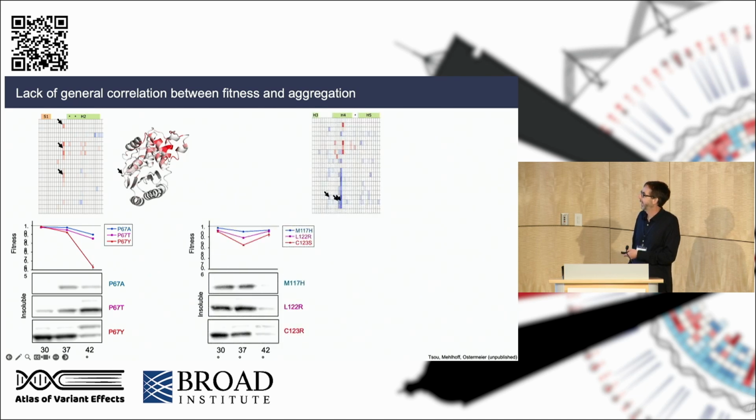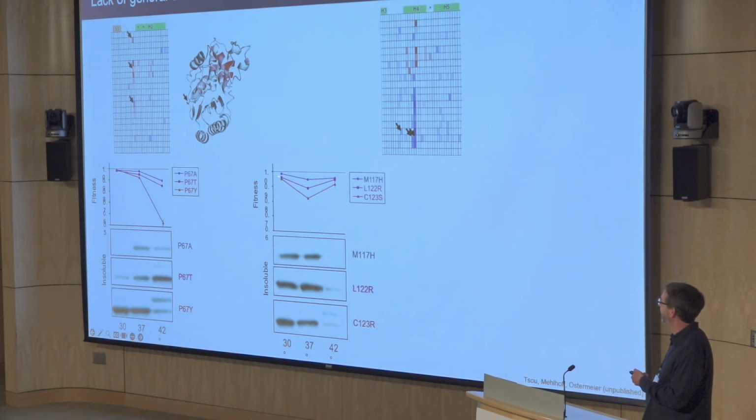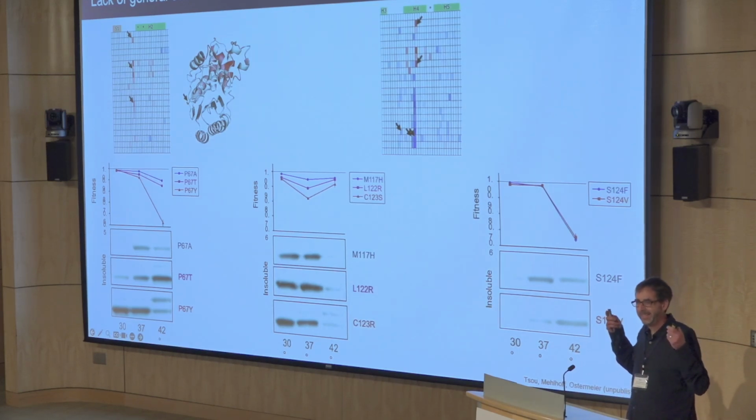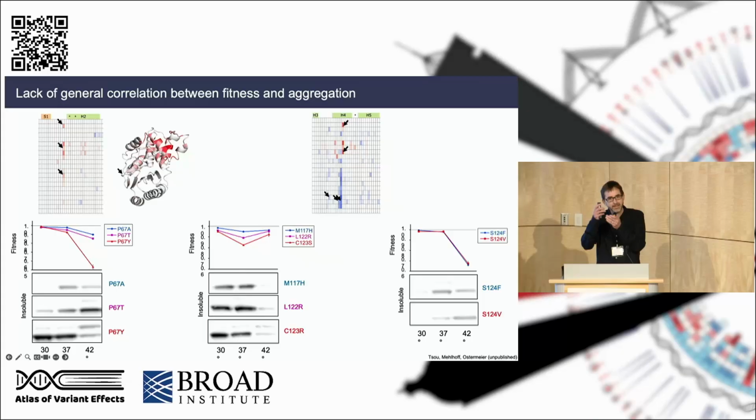When we look at things where the deleterious collateral fitness effects get worse and then get better at 42, there's usually very little difference between the amount of aggregates at 30, 37, and 42, but it does decrease at 42. It would be very satisfying if the amount of deleterious collateral fitness effects was proportional to the amount of aggregation, and that's not the case.